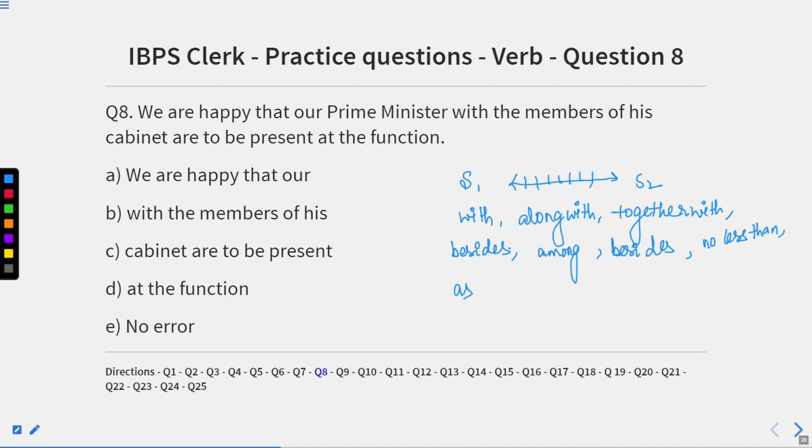So if we have connected two subjects with any of these conjunctions, what we do, the verb depends on the first subject only.